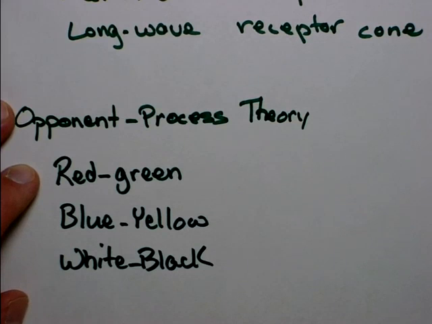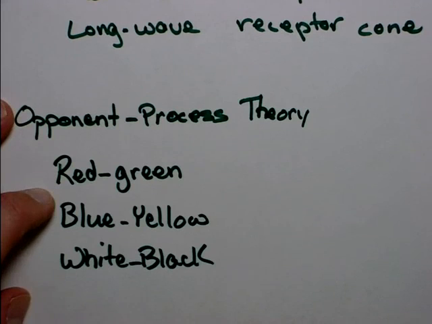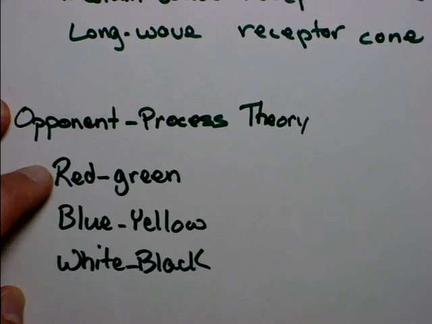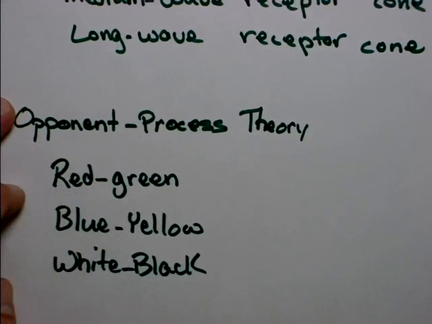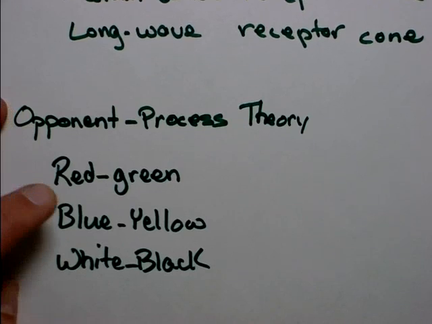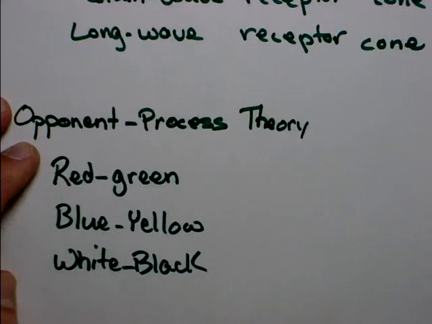There is no such thing as a bluish-yellow. A bluish-yellow is green. The reason these colors don't exist is because we can only see red or green. We can only see blue or yellow.